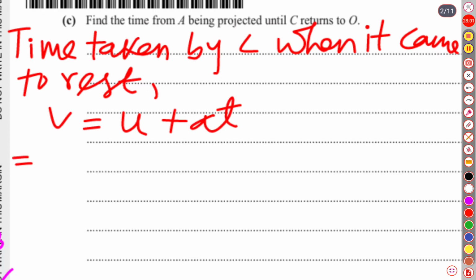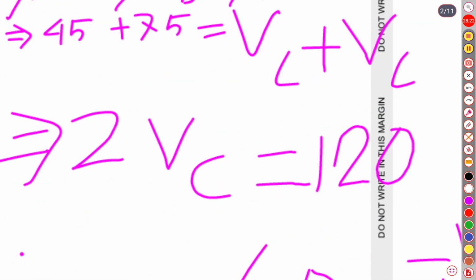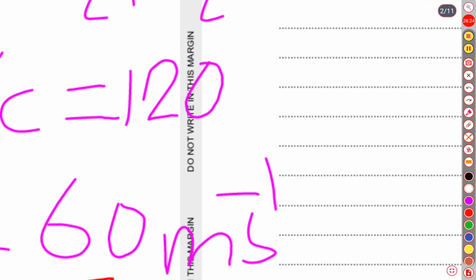We have already decided that particle C came to rest, since when something is projected upward, at one instant it must come to rest. So at the highest point the final velocity is 0. The initial velocity of particle C was 60.